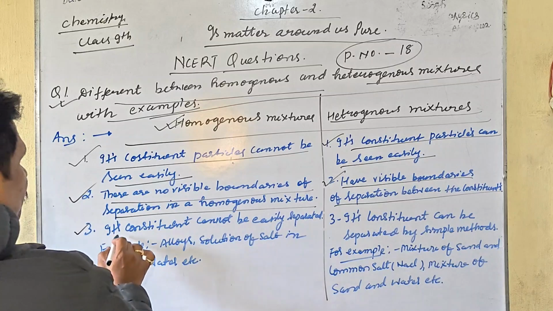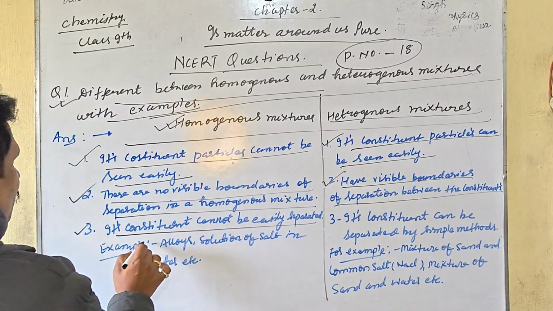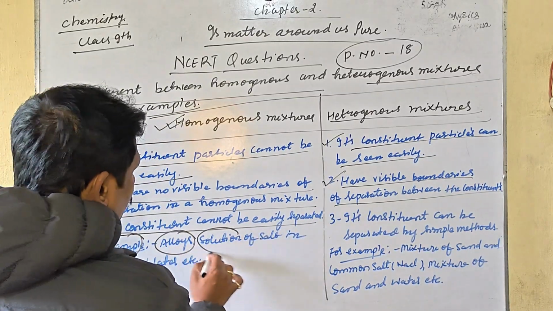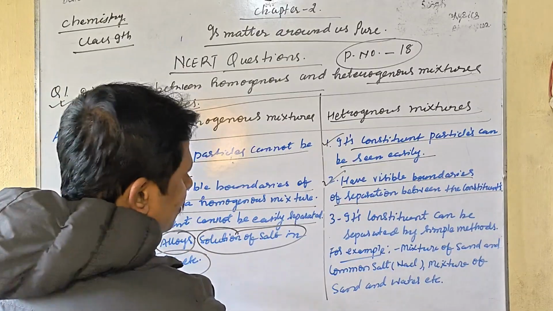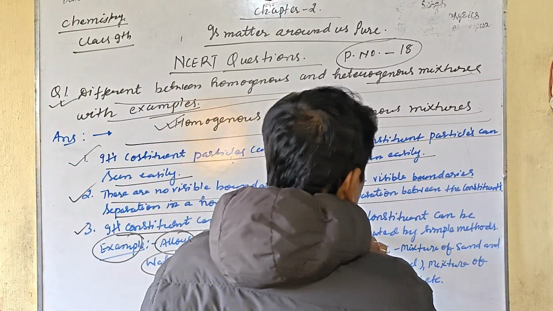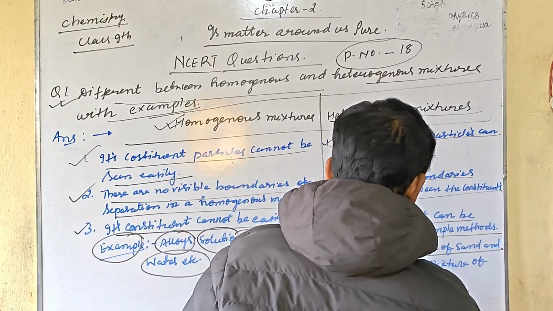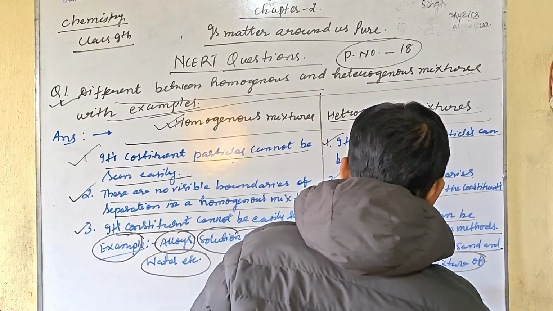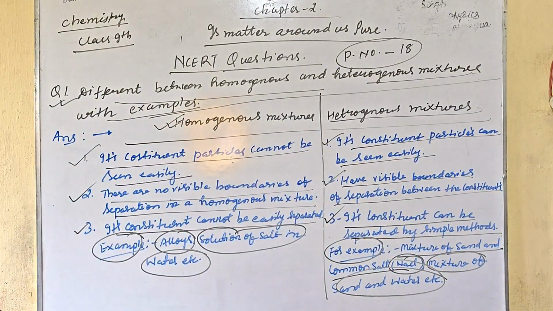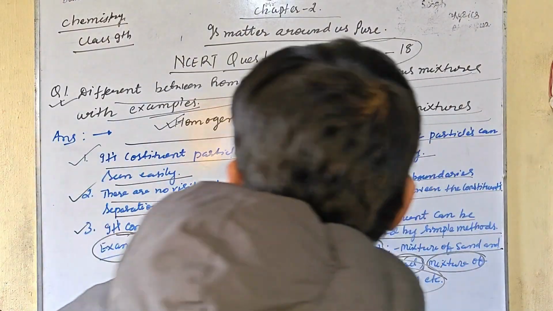Point number 3. Homogeneous mixture, its constituents cannot be easily separated. Example: alloys, solutions of salt in water, etc. Heterogeneous mixture constituents can be separated by a simple method. For example, a mixture of sand and common salt, NaCl, a mixture of sand and water, etc. So these are the points of difference for this type of question.